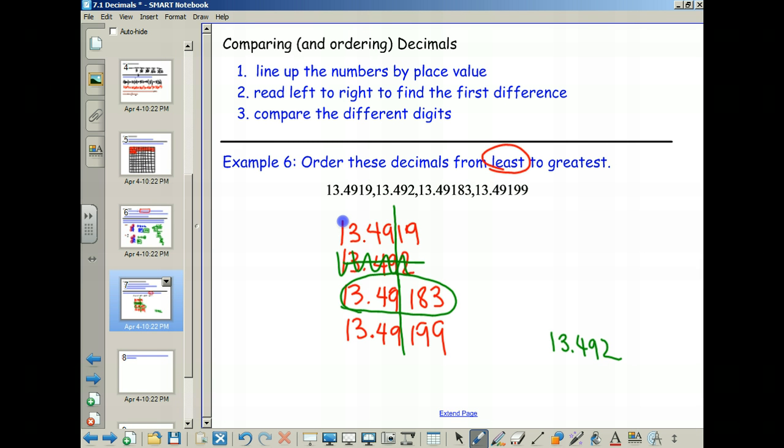Because this is 19 and this one's 18. So this one, the third one listed, is actually the smallest. There's my smallest one. So we can kind of ignore that one now too, yeah?